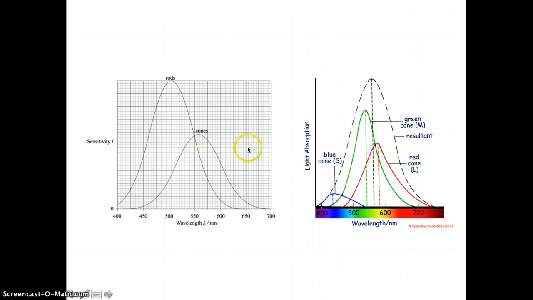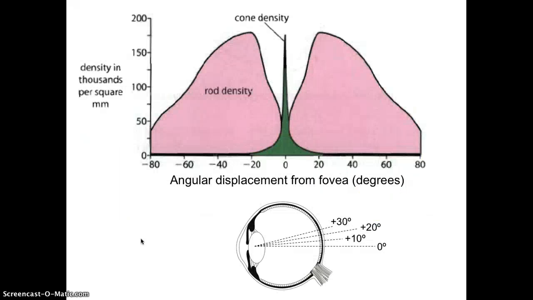So the cones, all three cones combined together, still absorb less light than the rods. Does that make sense? Should the cones absorb less light than rods on the whole? The answer is yes, it makes sense. There are far fewer cones than there are rods. That's what this graph shows. You really only have cones in the first positive 20 to negative 20 degrees.